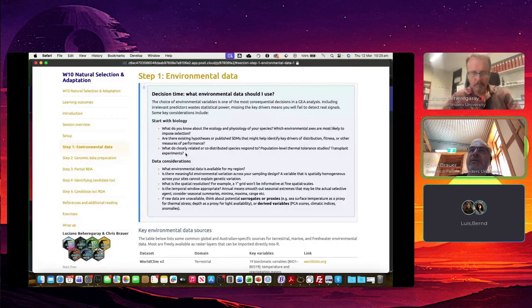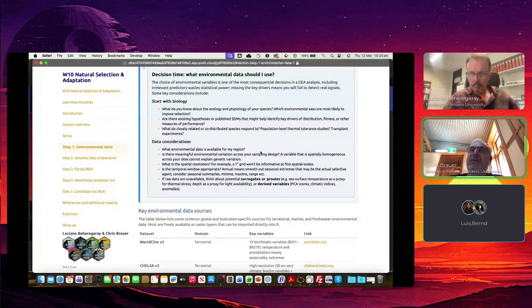And then, look at the data that is available for your region and at the scale of your sampling design. So just the example I had there, if you have a really small spatial scale that your study is situated within, then broad scale climate data that has a resolution of about 1 degree isn't going to be informative at all, because you've got to match the scale to your samples.